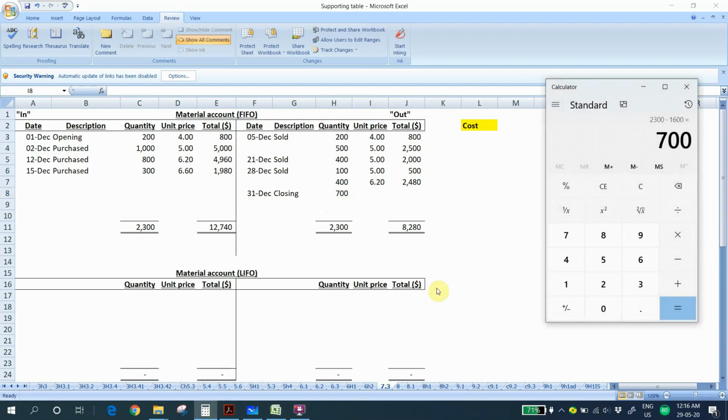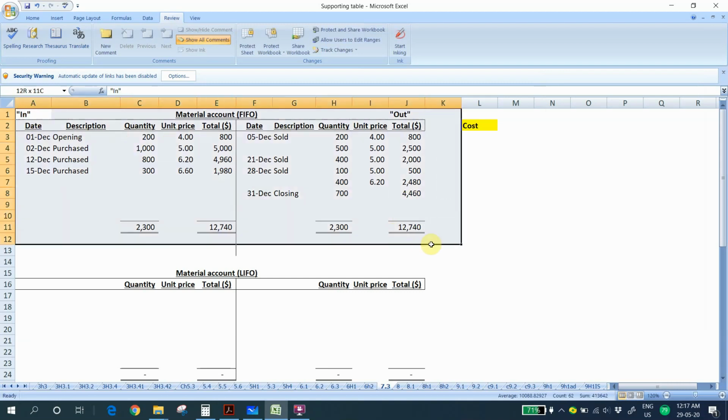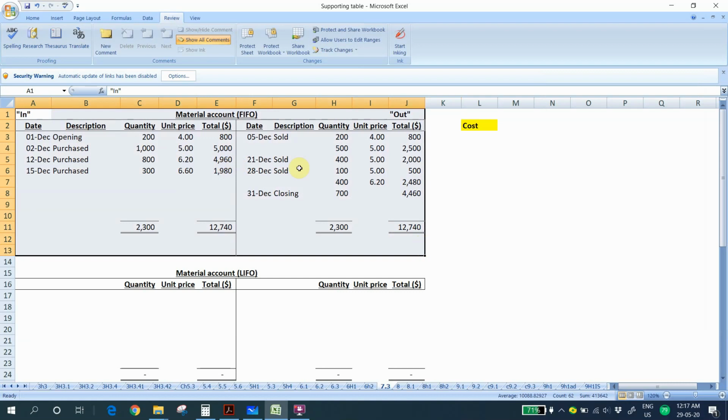The value we use 12,740 minus 8,280. So we find the value for this batch of the product is 4,460. So that's all for the material account in the month of December.